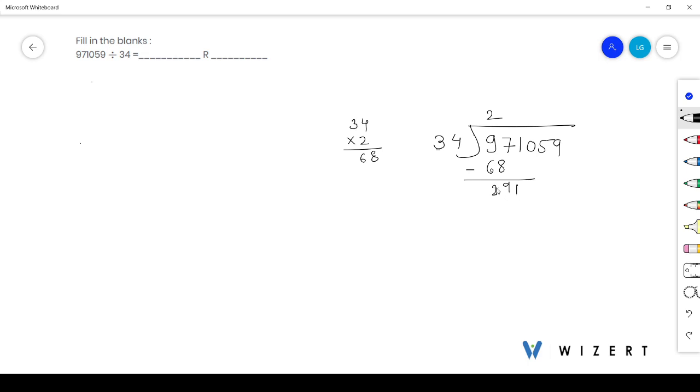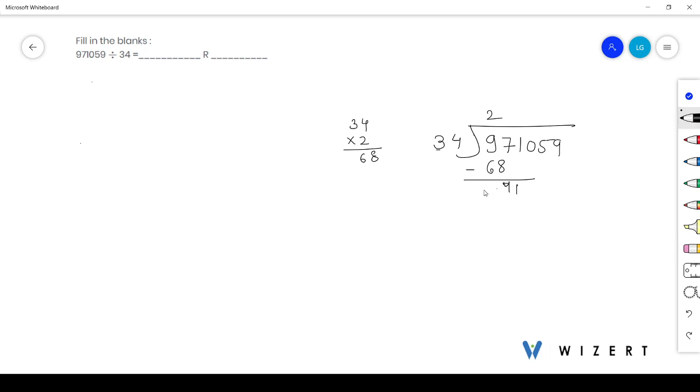Now let us check here. Before 29 there is a 27 in 3's table, which is 9 times.